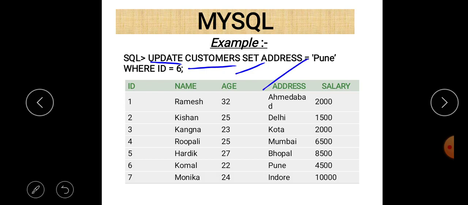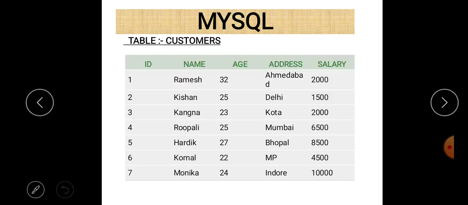So after SET we can write the name of the column, and then give the value. The new value is Pune, and if we just write this statement, then all addresses are converted to Pune. But here our focus is to convert only the data regarding ID 6.